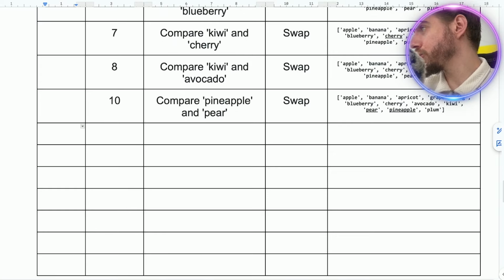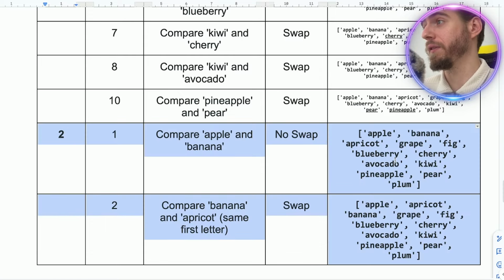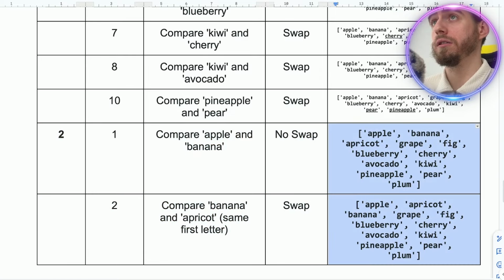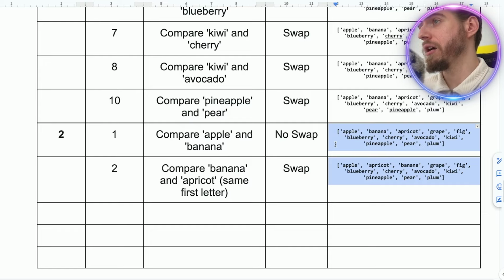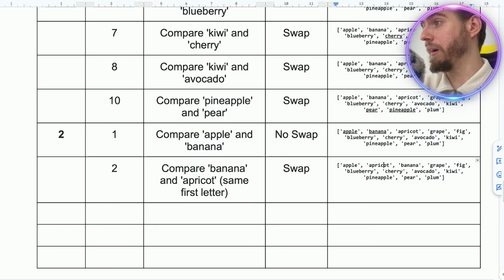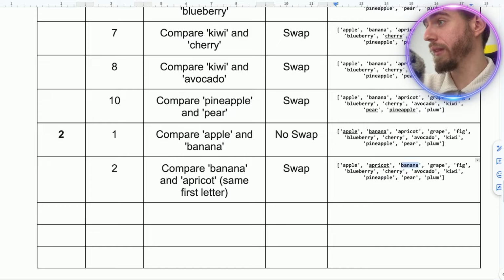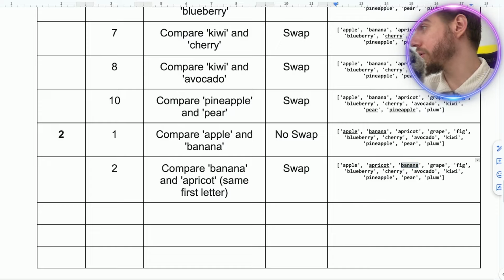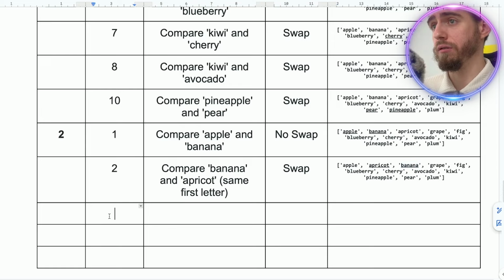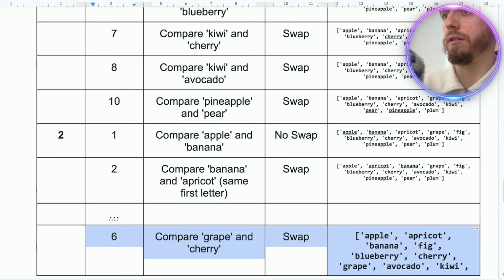I will show you the first 2 steps for the second pass. 6 we said, yeah. So when we compare banana and apricot, we obviously need to swap them. Then I'm going to skip to the last step here, which is going to be write down 3 dots.